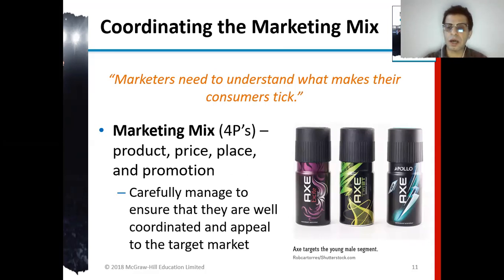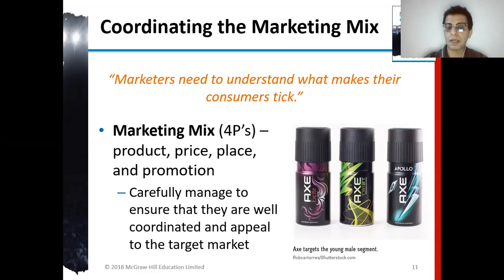Once your target is clear, then you set up your 4 Ps. The 4 Ps are price, product, place, promotion. So P1 is product, P2 is price, P3 is place, and P4 is promotion.